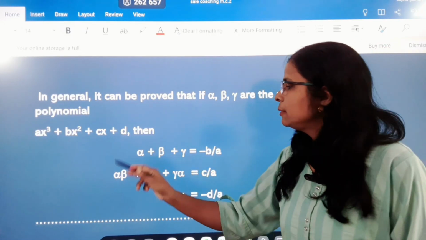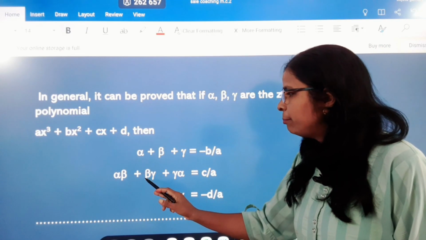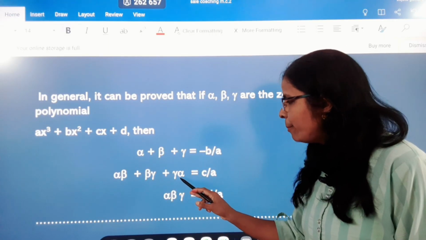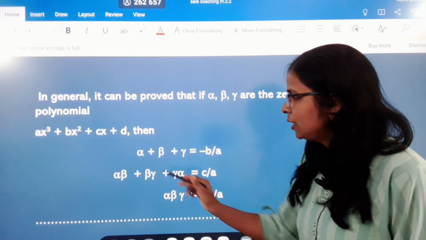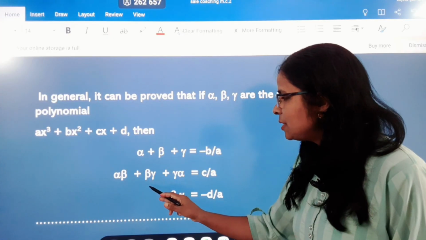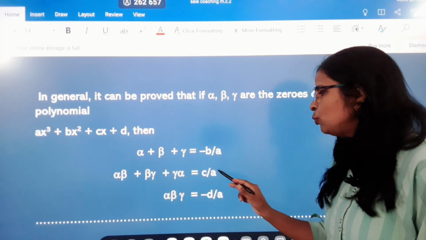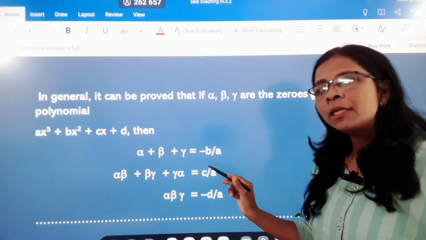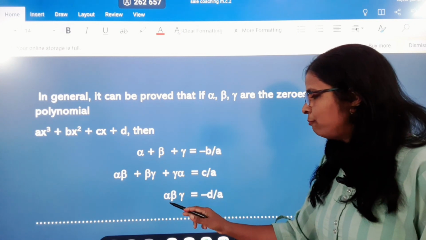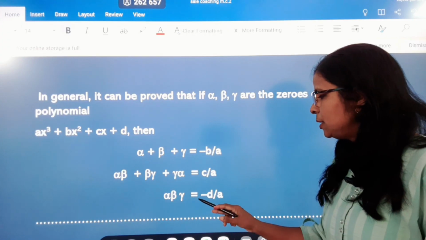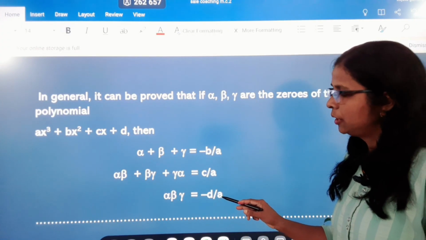The second one, alpha beta plus beta gamma plus gamma alpha is equal to c upon a, and the third formula, alpha beta gamma is equal to minus d upon a.